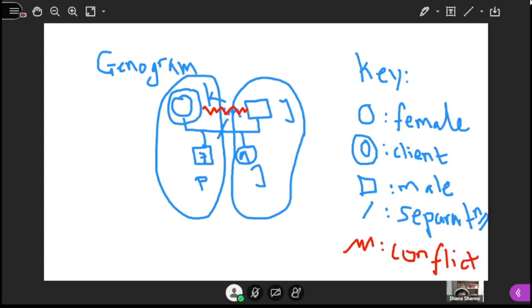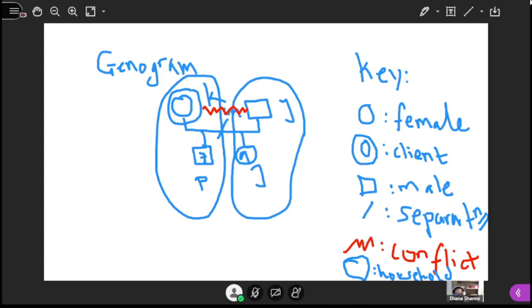You can also define this as a household. Household. Okay. This is the genogram of Katie, married to John with 2 kids, Patrick and Julie. They are separated, they have some conflict, and they live one with one child. This is the genogram.